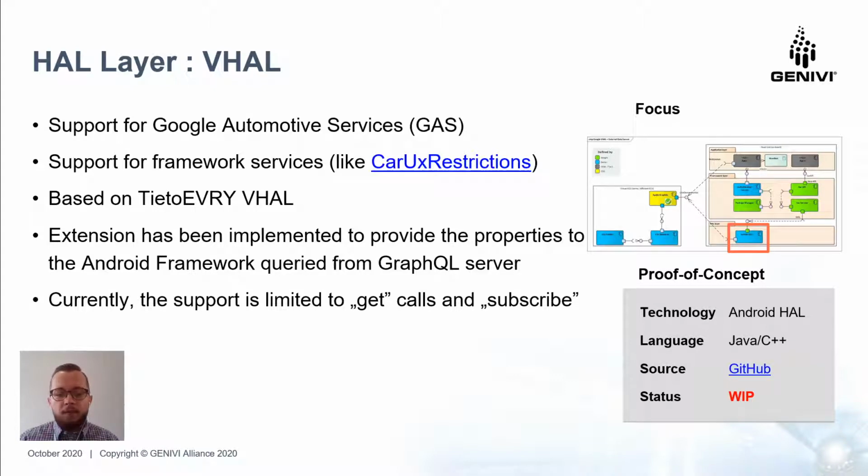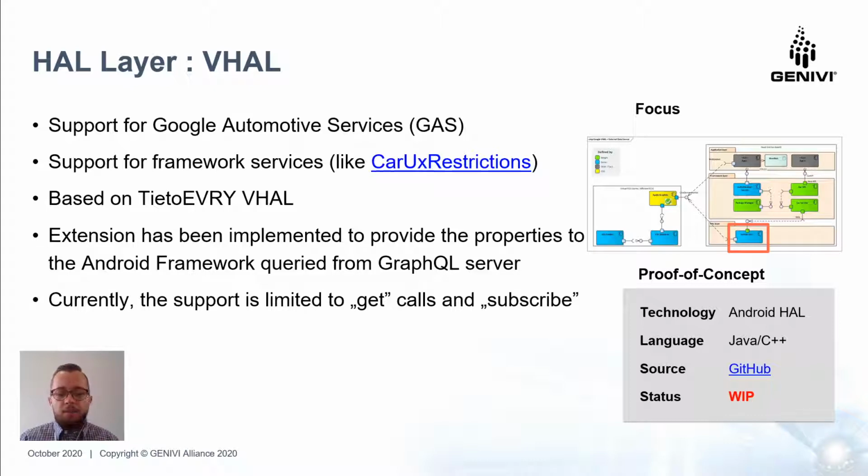Based on that, we have implemented the GraphQL plugin that connects to the data server and retrieves the exposed data signals by some predefined queries. Then it passes the data to the core of the vehicle HAL, and then it is passed to the Android framework, and the apps can use it using the standard Android Car API.